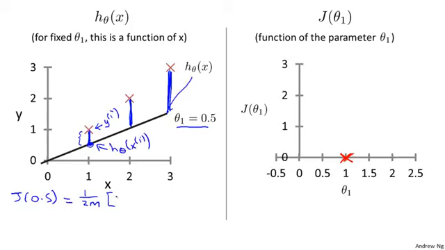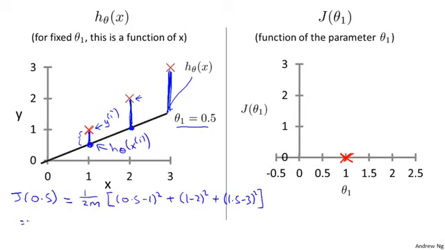So the first example, this is going to be 0.5 minus 1 squared, because my hypothesis predicted 0.5, whereas the actual value was 1. For my second example, I get 1 minus 2 squared, because my hypothesis predicted 1, but the actual housing price was 2. And then finally, plus 1.5 minus 3 squared.